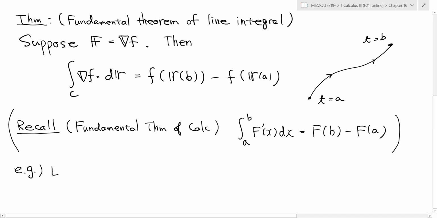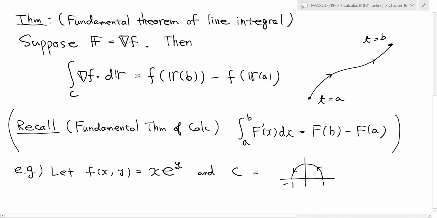So let f of xy be x e to the power of y. Let C be the curve which is like half of the circle with radius 1.